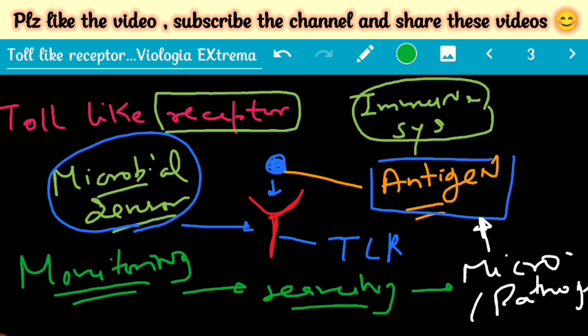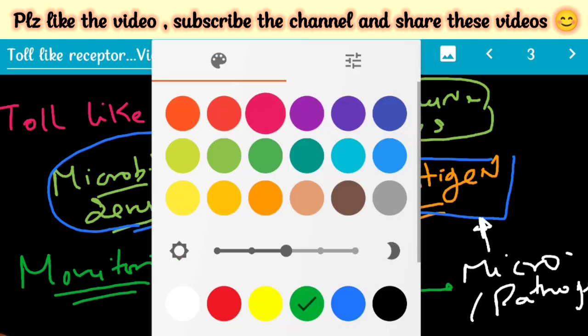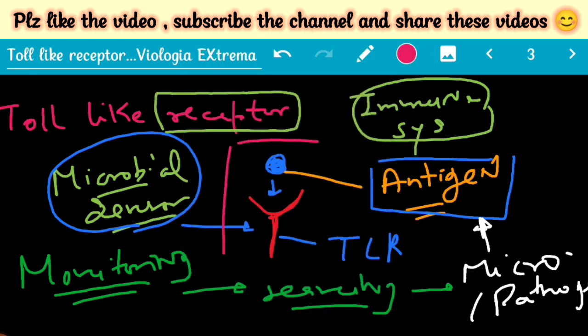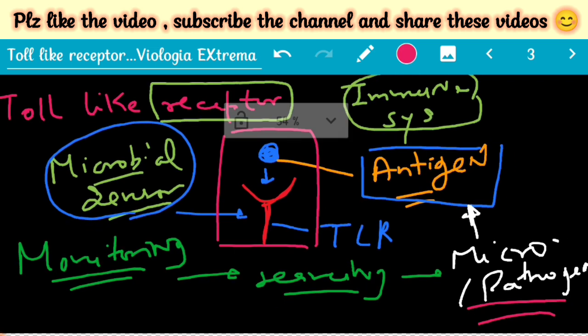In short, we will give a specific term to these antigens. They search the environment, constantly monitoring it for antigens that come from pathogens.